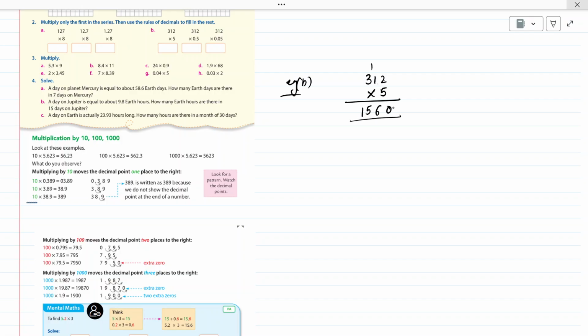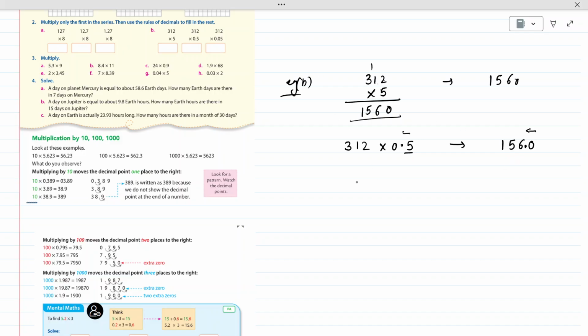This is the product of the numbers. Now, when we go to the second part, we have 312 multiplied with 0.5. That means we will use the same product, but now we will place the decimal after one number starting from the right.